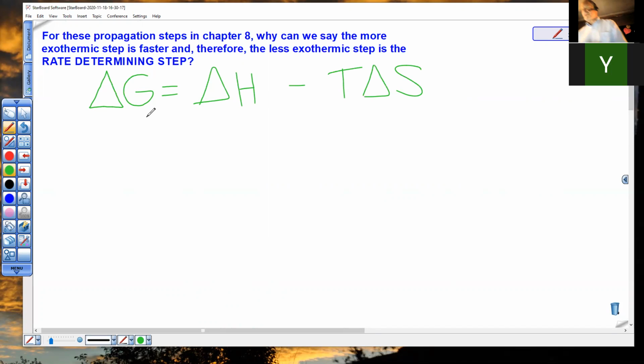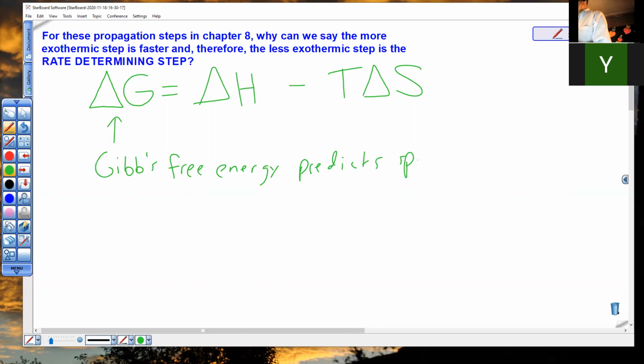That's what Gibbs free energy does, predicts spontaneity. Delta G less than 0 is spontaneous.